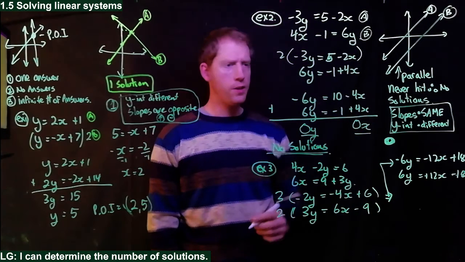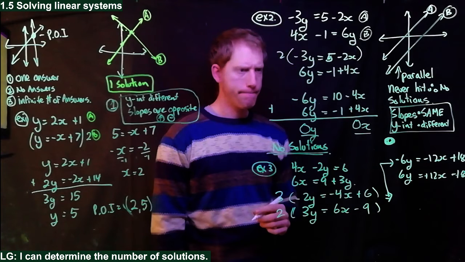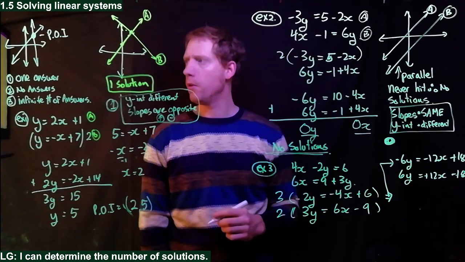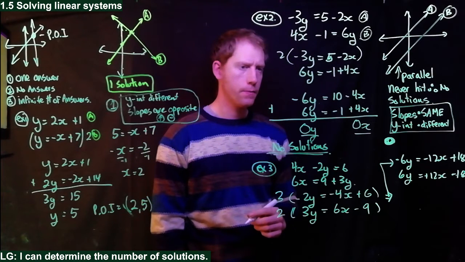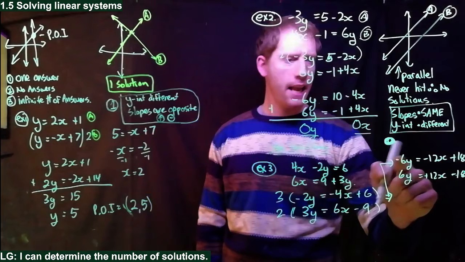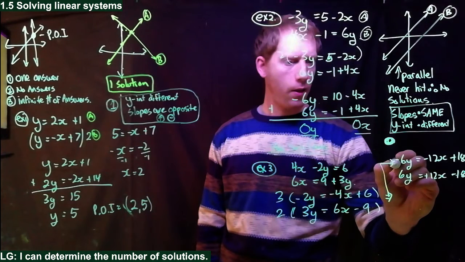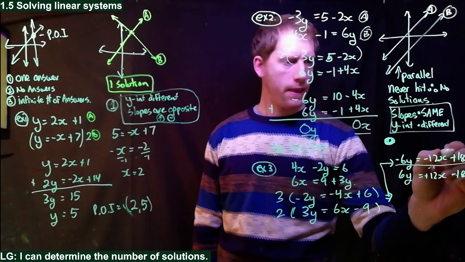What do you notice about these two equations? This one all has negatives. And if I divide all this by -1, they are in fact the same equation.